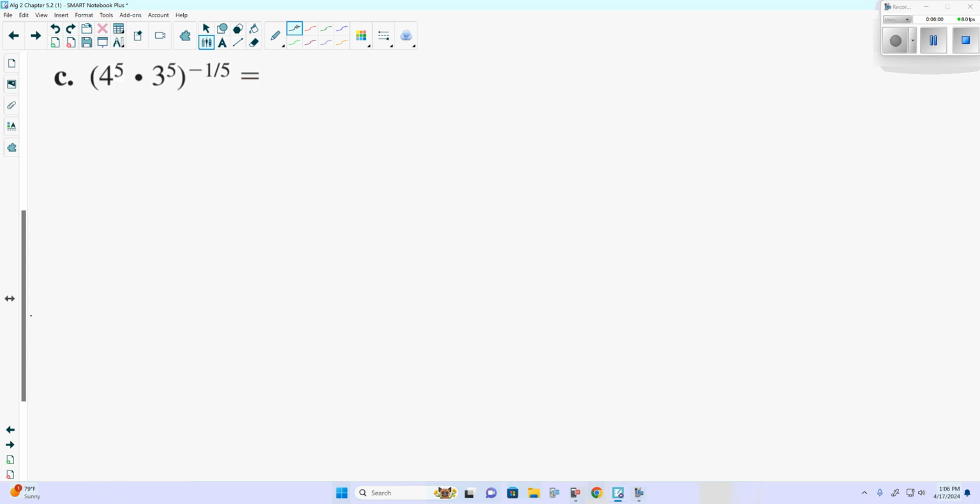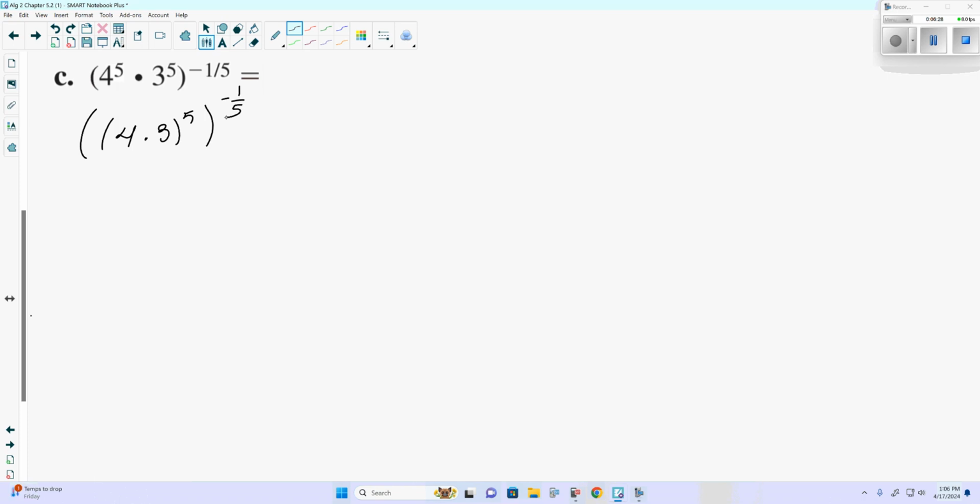Now, there's different ways we can look at C. The one thing we notice with this here is that the 4 and 3 both have the same exponent of 5. So one way we can look at this, for simplification's sake, is that I can pull that 5 back out as an exponent, our power of a product.